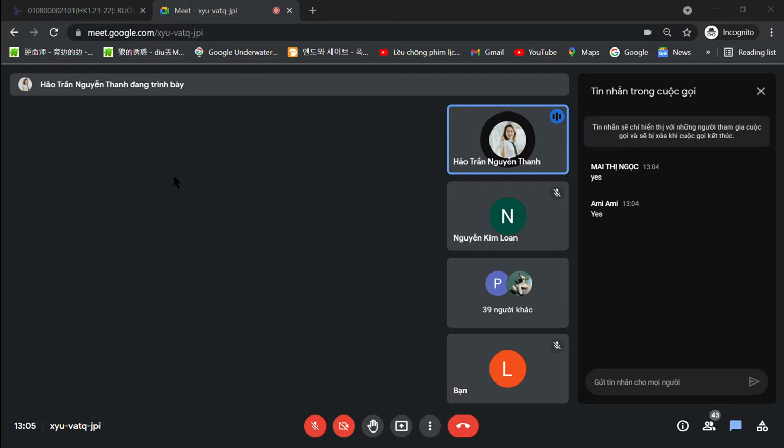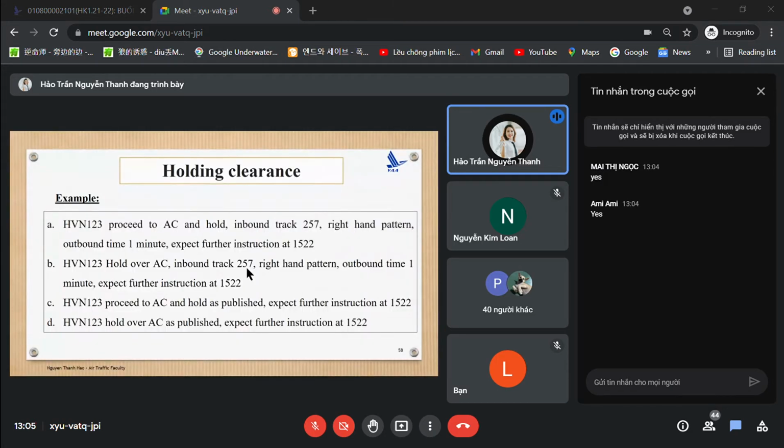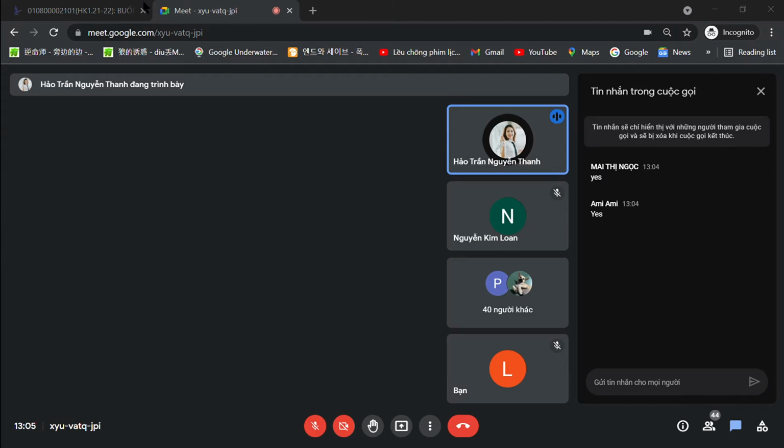Okay, I give you an example when the ATC wants to clear an aircraft to hold over "unfortunately". You can say, for example, Vietnam 123 proceed to "unfortunately" and hold with the information like inbound track. The inbound track of the holding point is 257 with right hand pattern and about time 1 minute.